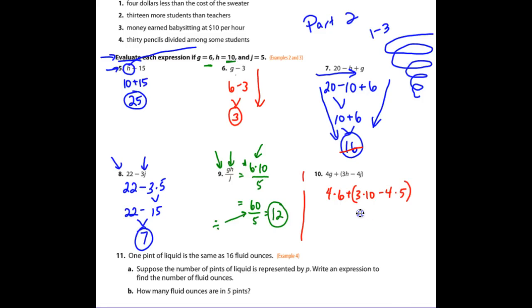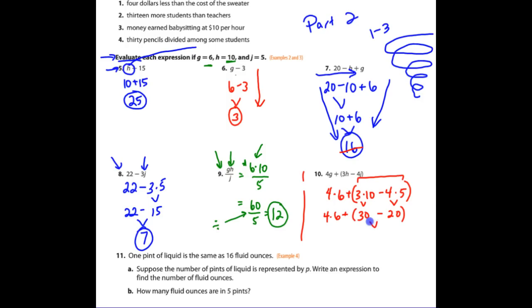Okay, so now we got all this junk in here. So remember the rule, parentheses is the trump card. So I'm just looking at that parentheses first. I'm doing everything in the parentheses, and I have to do multiplication before I do anything else. So I'm going to go ahead and multiply those numbers and save that subtraction for later. So we end up with this. Now again, I'd like to see this on your paper just like that.